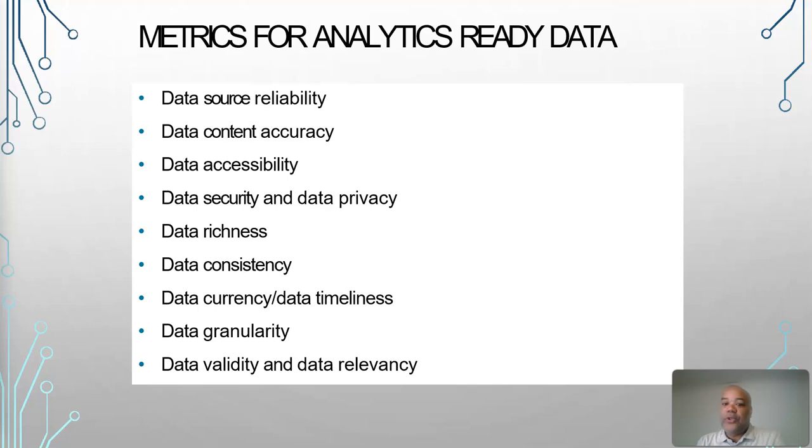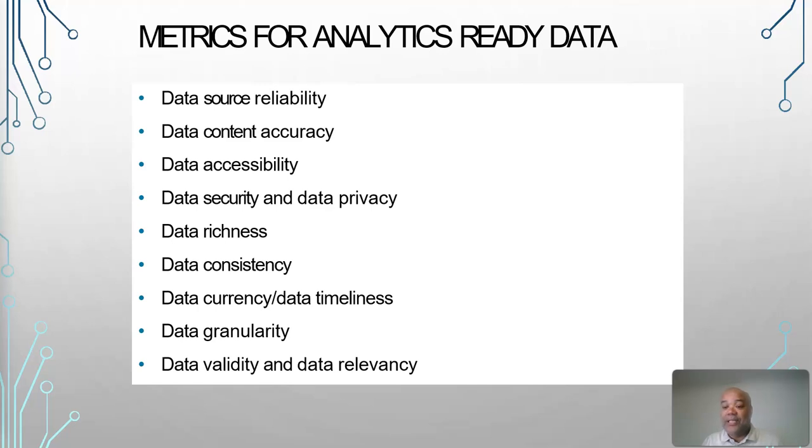And these metrics are going to help assess the overall quality and usability of the data. The data source reliability is going to ensure that the data originates from a trustworthy and consistent source, minimizing errors. When we say data content accuracy, we're checking whether the data accurately reflects the real-world phenomenon that it represents.